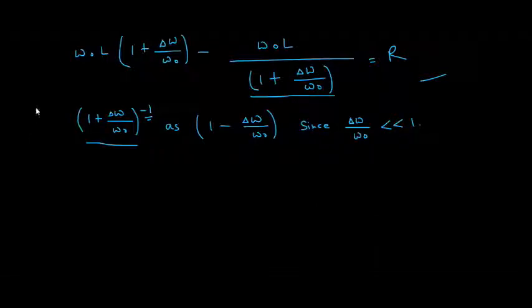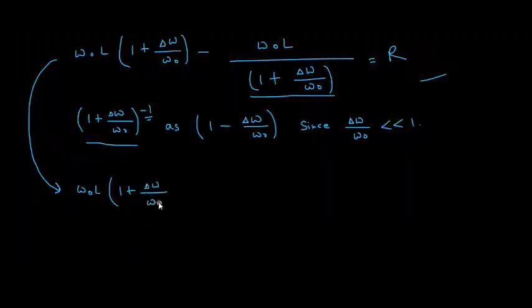So now this equation can be written as omega naught L 1 plus delta omega upon omega naught, no change in the first step, but there's a change in the second step, that is omega naught L, this whole went upside, so this can be written in the numerator.